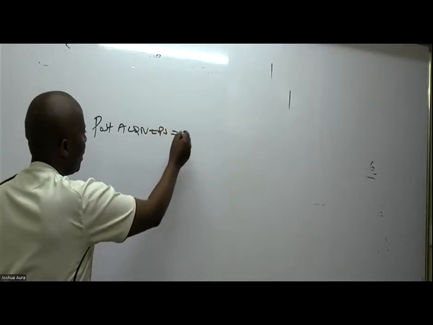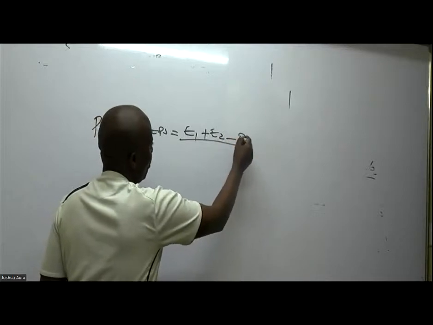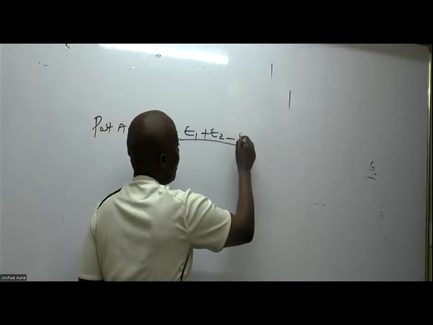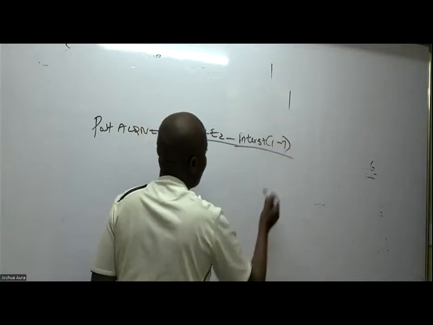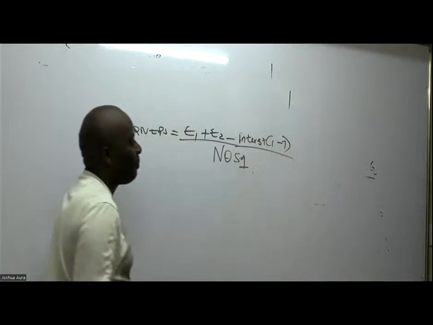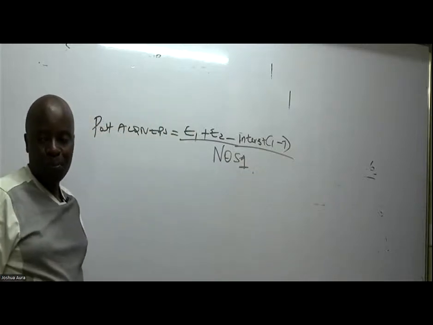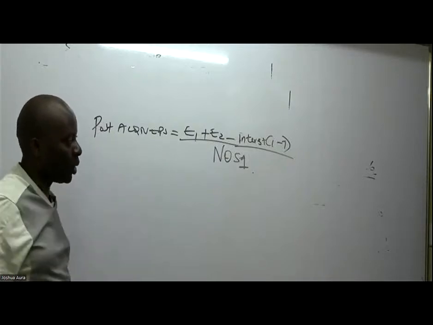Post-acquisition EPS will be earnings of company 1 plus earnings of company 2 minus interest, which has to be after tax, all over the number of ordinary shares of the first company. We know for sure that the exchange ratio here will be 0.